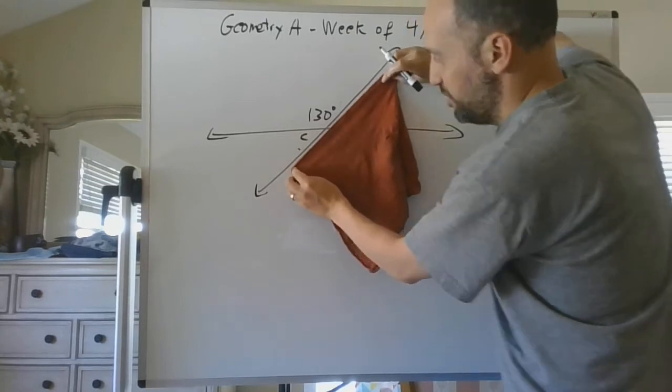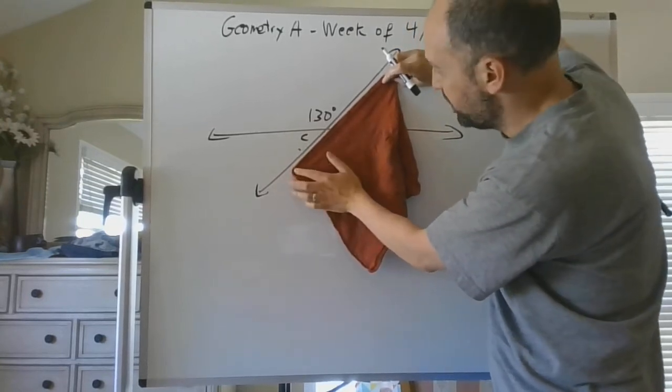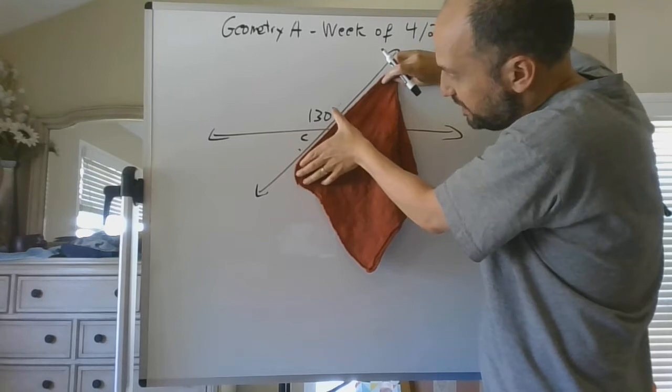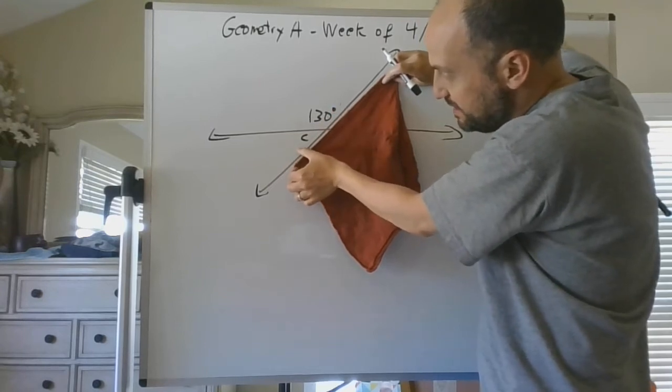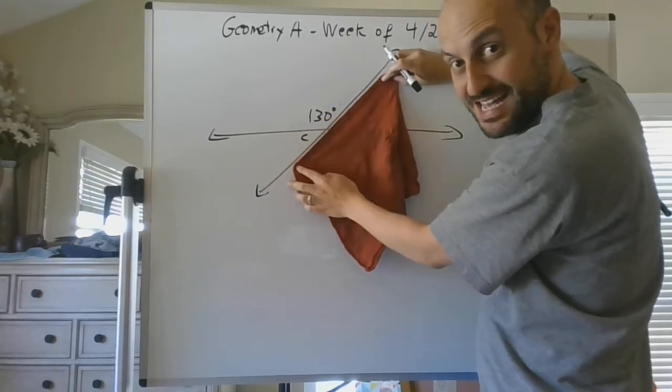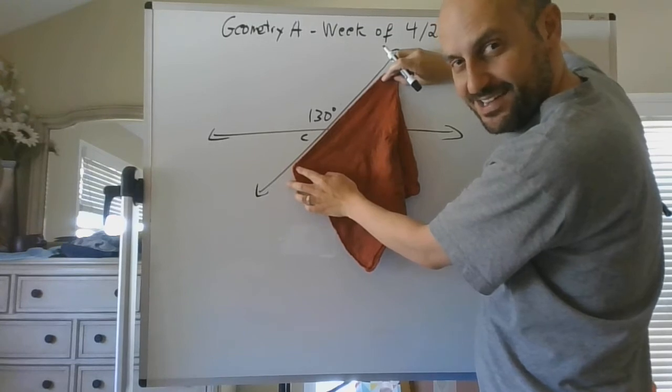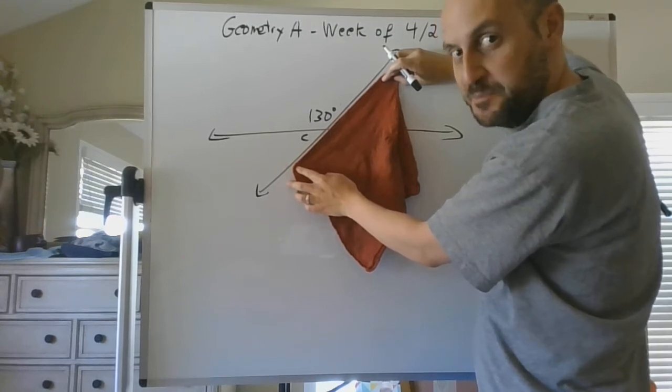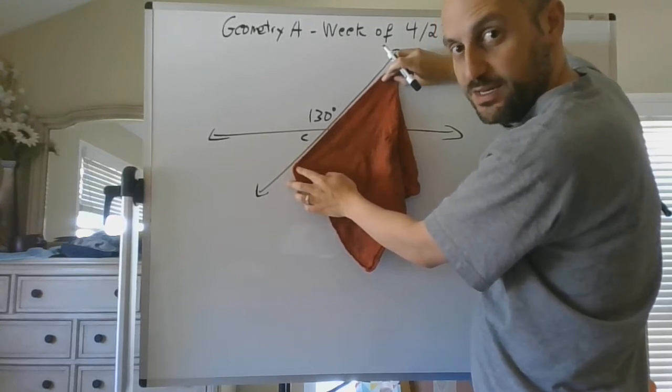I'm going to cover off this part. So now I just want you to look at that 130 degrees and the C. The C and the 130. That also makes a straight line. Again, what do we know about a straight line? It adds up to 180.